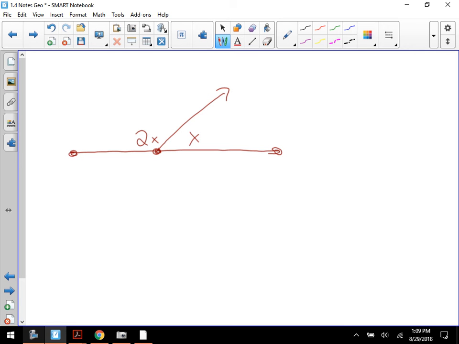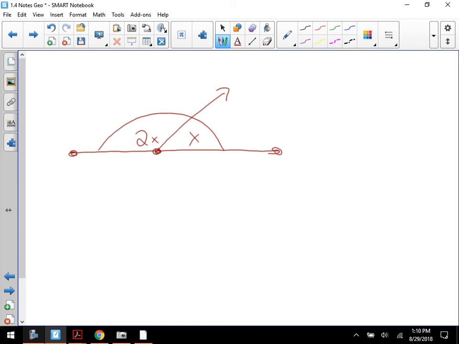The inference that you can make from a diagram like this is that you have two angles that create a line. That line is called a straight angle, which you brought up earlier when we were classifying angles. Straight angles measure how many degrees? 180. So if I wanted to figure out the measure of both of those angles, I know that those two angles have to add up to equal 180.